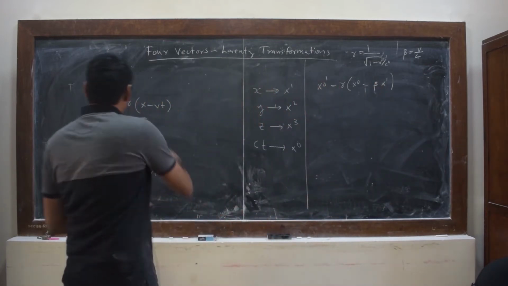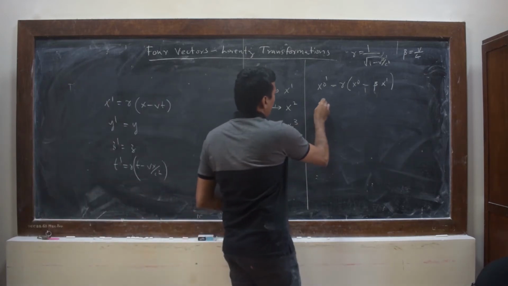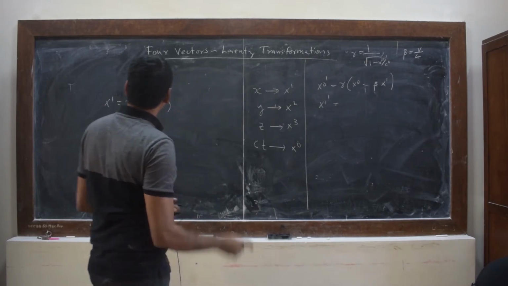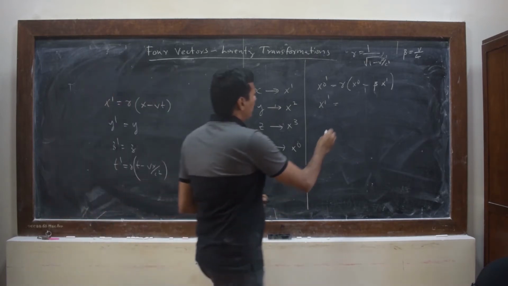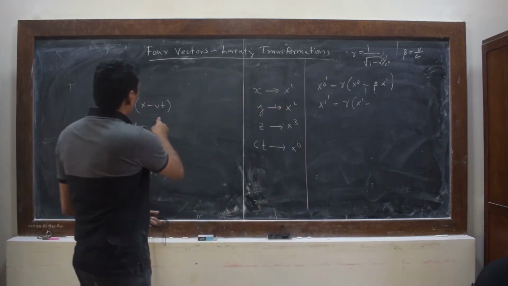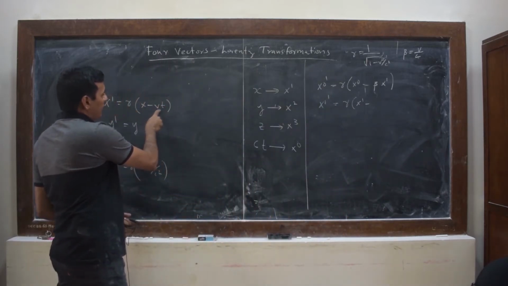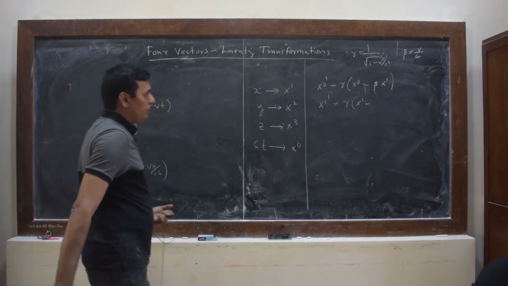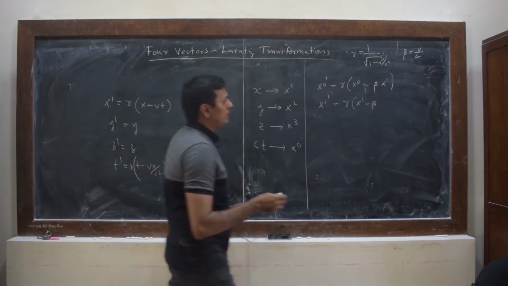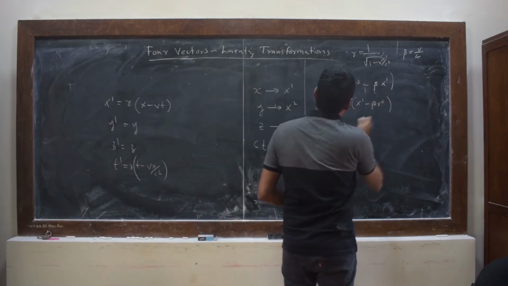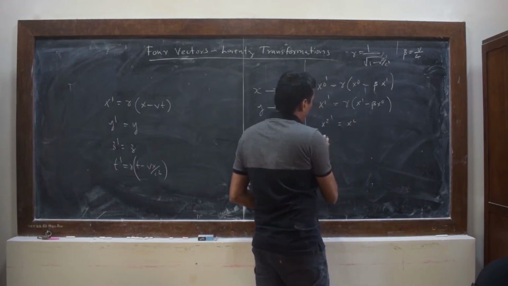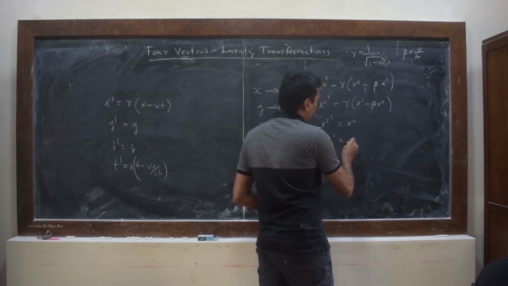Then x1 prime is equal to gamma into (x1 minus beta x0), where I divide and multiply with c so that v by c is beta and ct is x0. And x2 prime is equal to x2, and x3 prime is equal to x3.